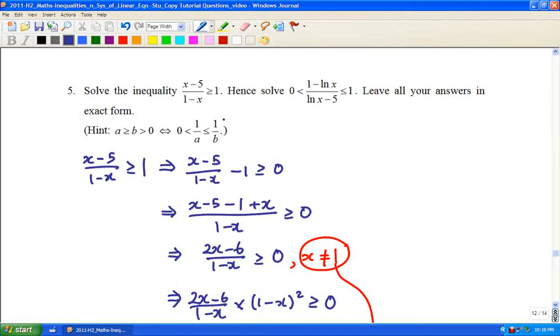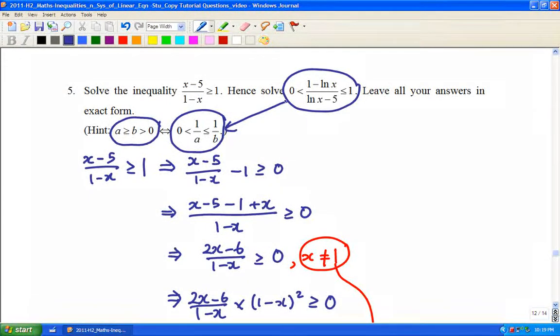the inequality 0 is less than 1 over a is less or equal to 1 over b is equivalent to saying that a is greater or equal to b is greater than 0. Note that our second inequality here can be expressed in the form as shown in the second part of the hint.